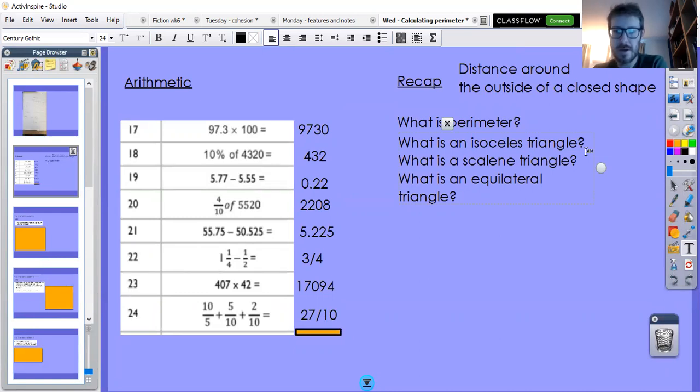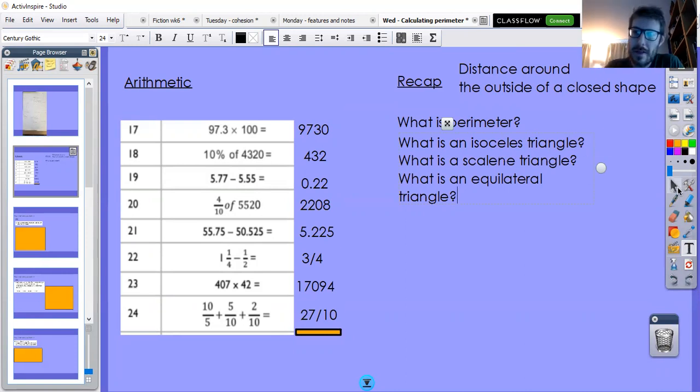Okay, so an isosceles triangle would be a triangle with two sides which are the same length and one side which is different. A scalene triangle is a triangle where all the sides are different lengths, and an equilateral triangle is a triangle where all the sides are exactly the same length.